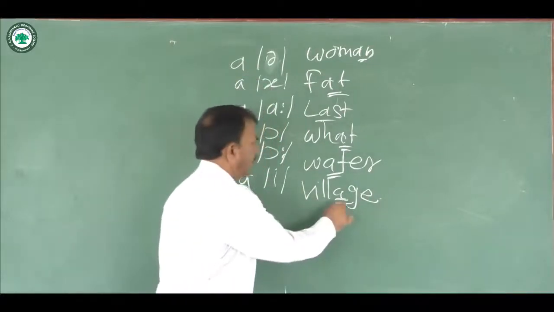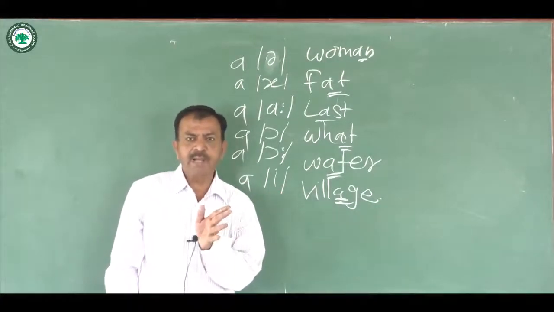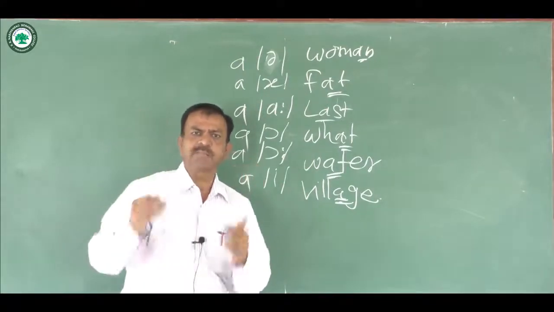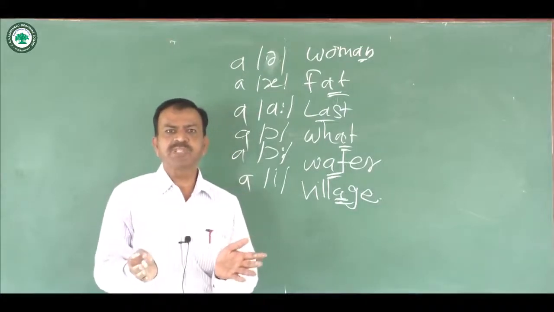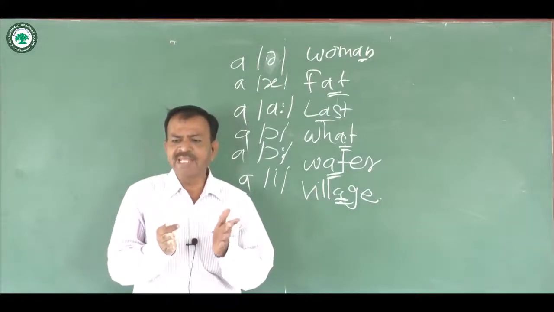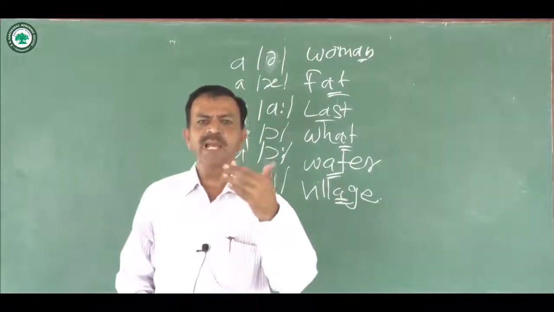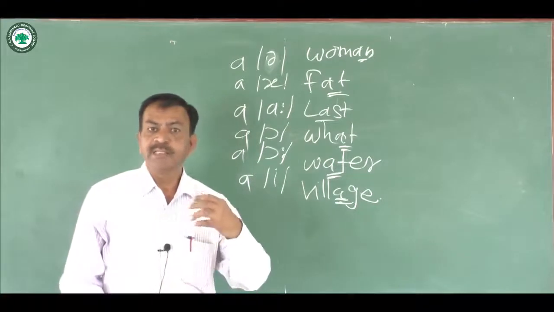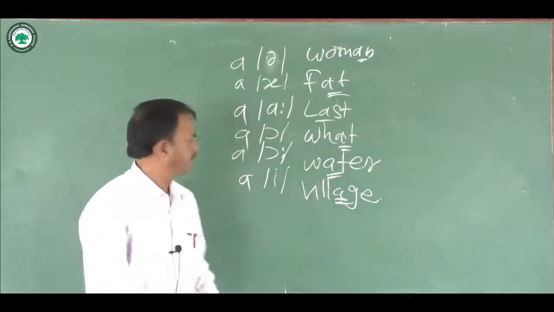So here A is pronounced as E. In another example, average. We say average, but the correct pronunciation of this word is average. Cabbage, garbage, image, marriage. So in all of these examples, A is pronounced as E. We are going to see how A is pronounced as A.